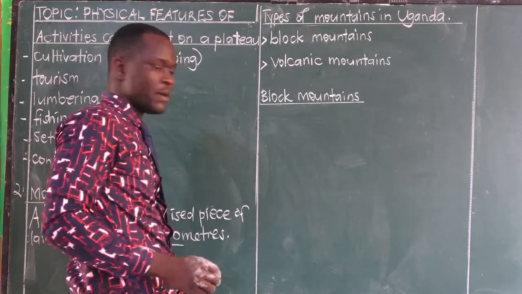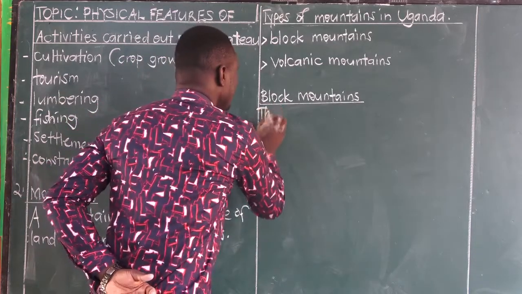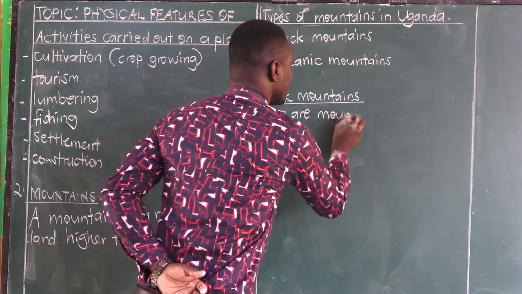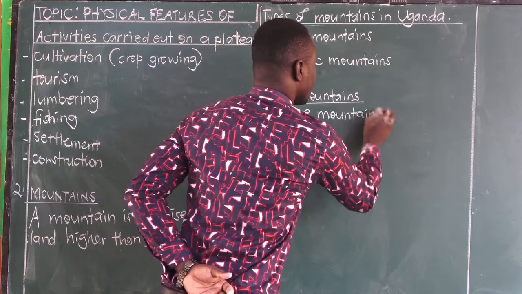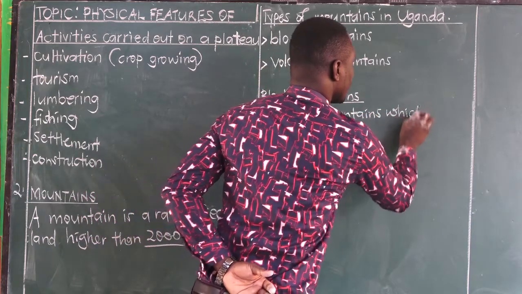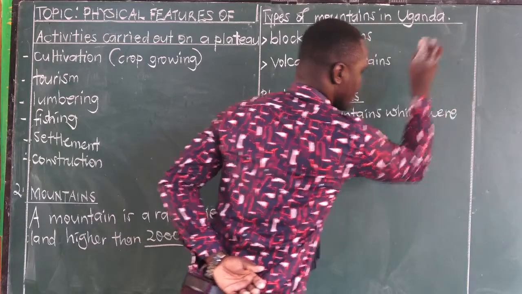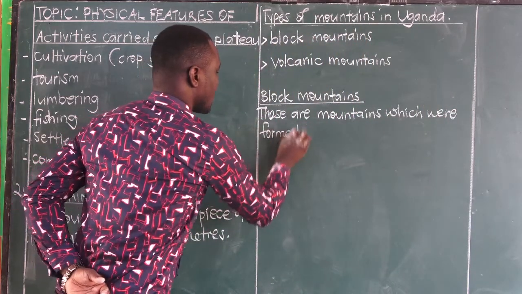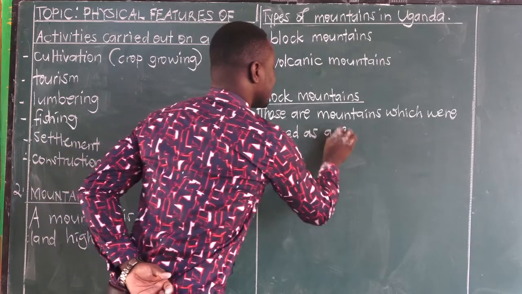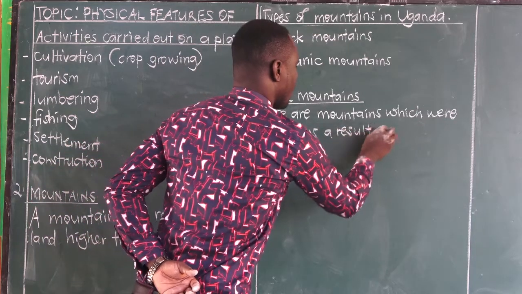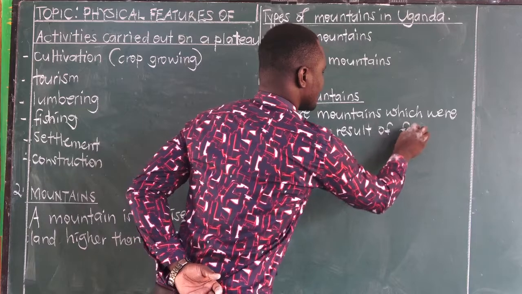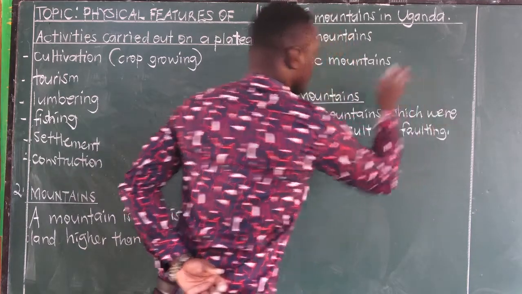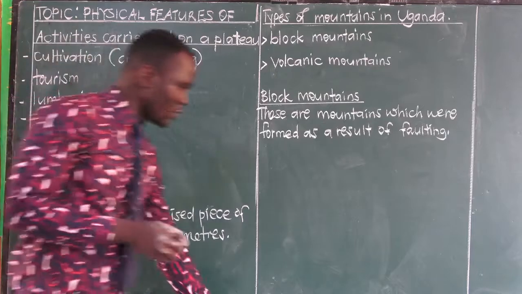So in our writing, we shall say, these are mountains which were formed as a result of faulting. That is what we need to understand.